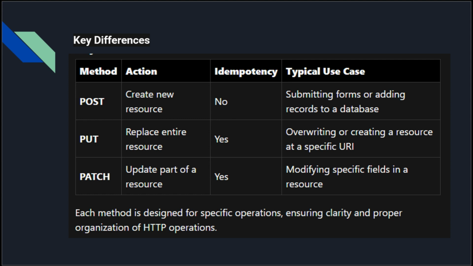In terms of typical use case, POST is for submitting forms or adding records to a database, PUT is for overwriting or creating a resource at a specific URI, and PATCH is for modifying specific fields in a resource. Each method is designed for a specific operation, ensuring clarity and proper organization of HTTP operations.